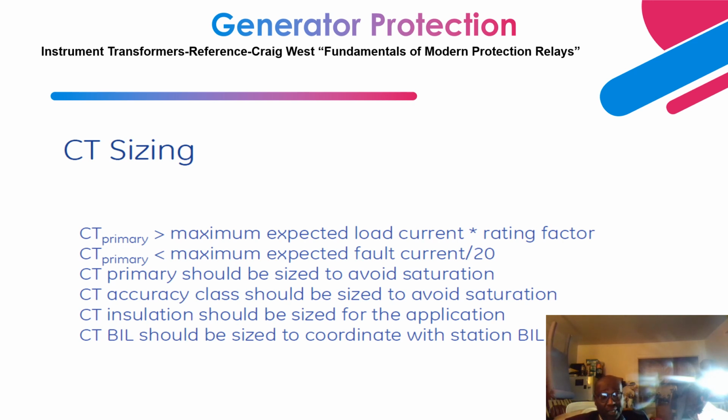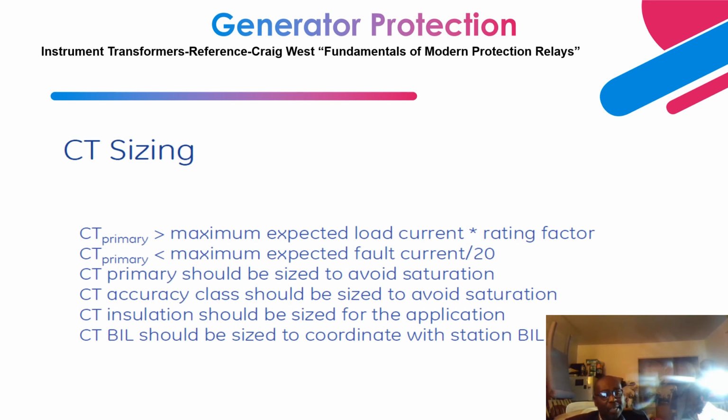Next is saturation, especially for external faults. When there's an external fault, you have that huge through fault current that goes through the generator. Especially the X over R part, based on other rotating equipment, especially the motors in the power plant, their contribution is what they call the DC offset. That allows saturation faster.